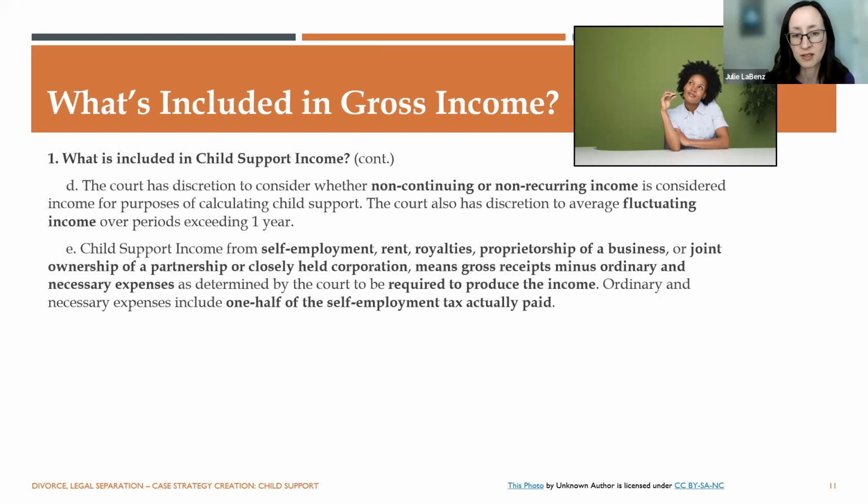So if you're dealing with this situation where you or your spouse is self-employed or is receiving this type of income where you get to deduct some expenses first in calculating total gross income, then you may need to do a little more discovery and disclosure to determine this final amount of income. You're going to need to get, either for yourself or from your spouse, their ordinary and necessary expenses, as well as their gross receipts, and 1/2 of the self-employment tax actually paid so that you can do this calculation.